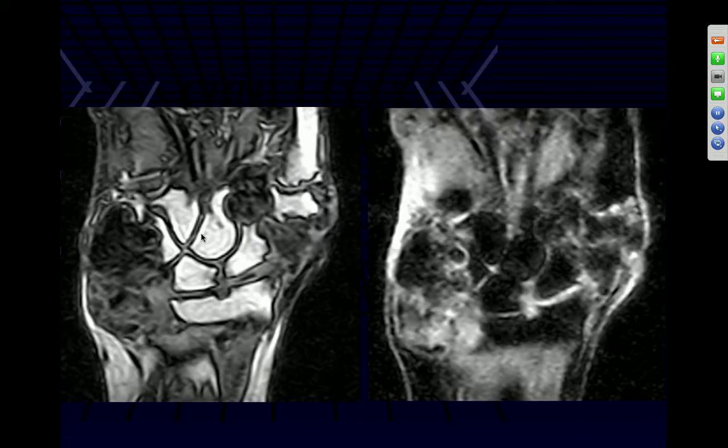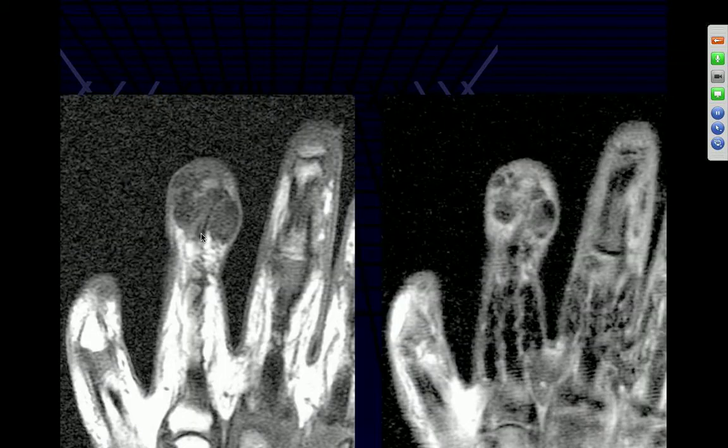Would you be able to tell that apart from a tendon sheath giant cell tumor, since they're both dark on T2? Generally, you can. And when we get to the hand, I'll actually show a longer differential of this and different lesions specific to the hand.